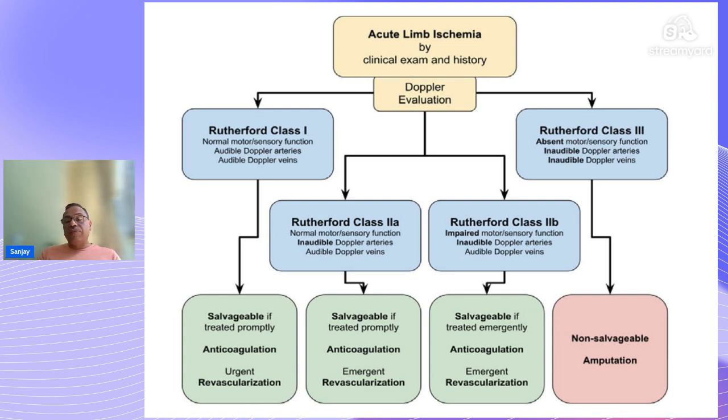If it is Rutherford class 3, based on your evaluation, that means absent motor and sensory function, inaudible Doppler arteries, inaudible Doppler veins, then such a limb is non salvageable and immediate amputation should be done to prevent further complications like sepsis, because most of these patients may also have other comorbid conditions, and the patient can go quickly into sepsis, which can threaten the life of the patient.